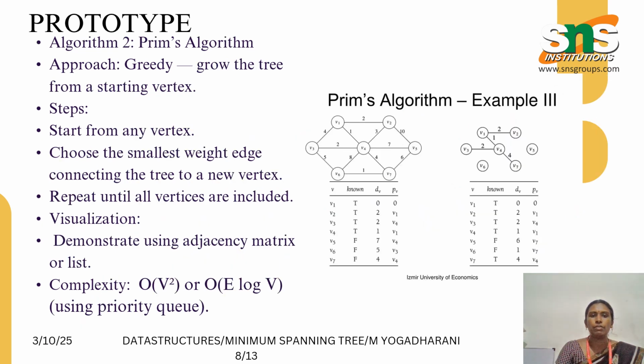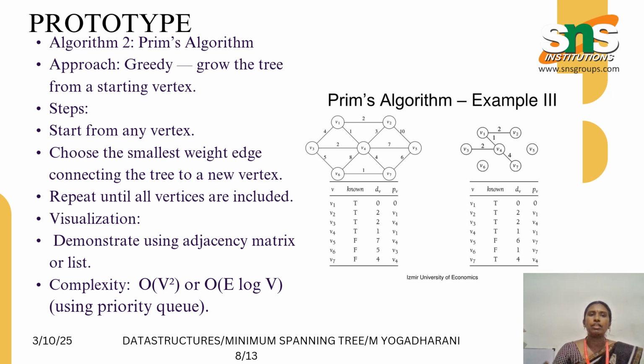And now Prim's algorithm. Here Prim's algorithm is vertex centric. It begins at any vertex and keeps expanding by adding the cheapest edge connecting the current tree to a new vertex. It's like spreading a network from one city outward, similar to how a power grid expands.